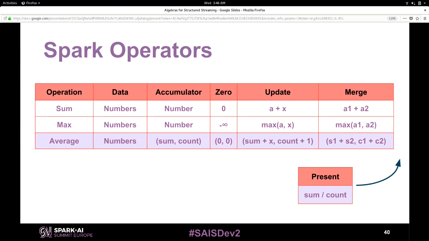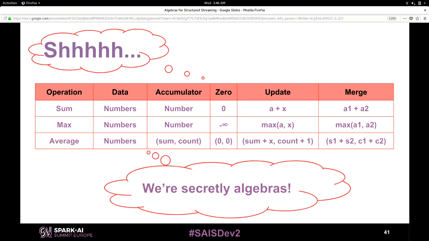And then at the end, for average, you have to do a sort of extra operation called present, where you don't give the user a pair of numbers. You take the sum and divide it by the count, and you give a single number back to the user. So the first big takeaway I want to leave with people today is that if you're filling out these kinds of tables of patterns, you're already most of the way to defining an abstract algebra.